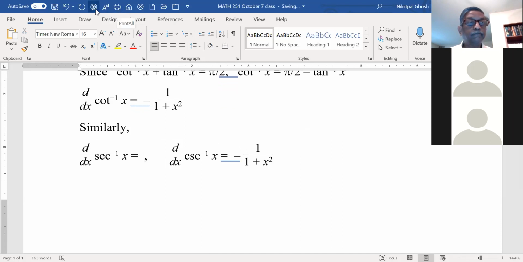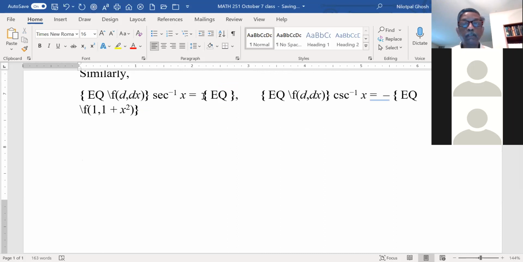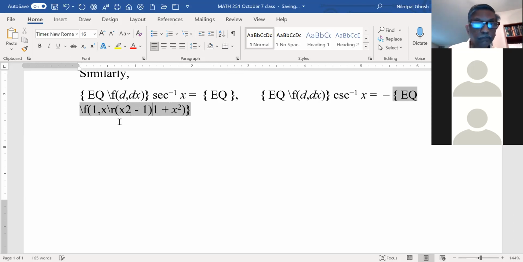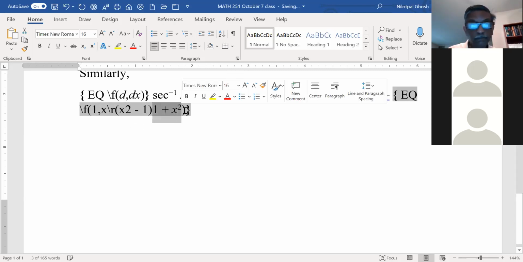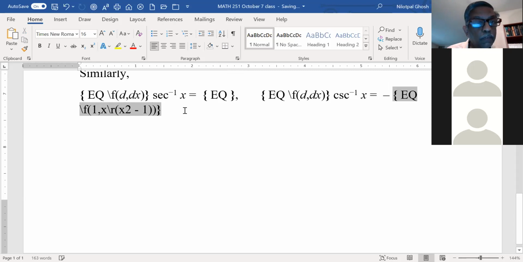So start with this one rather. x times square root of x square minus 1. Get rid of this junk. And we have x times square root of x square minus 1.